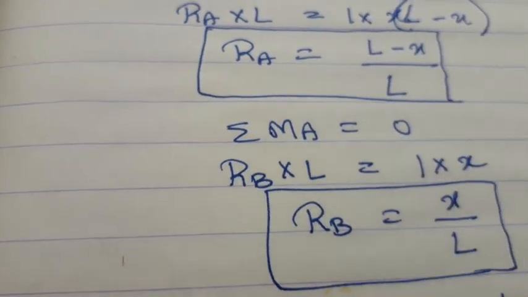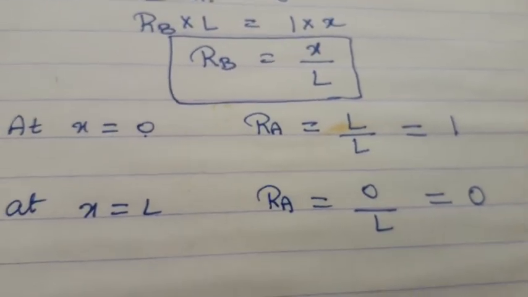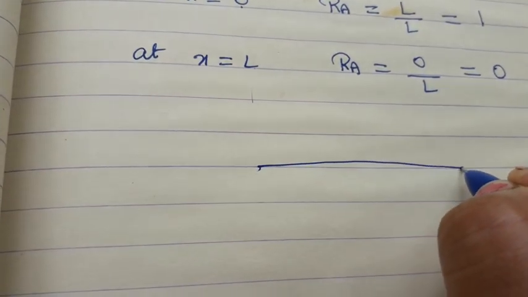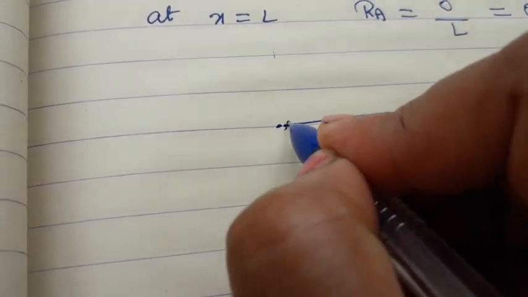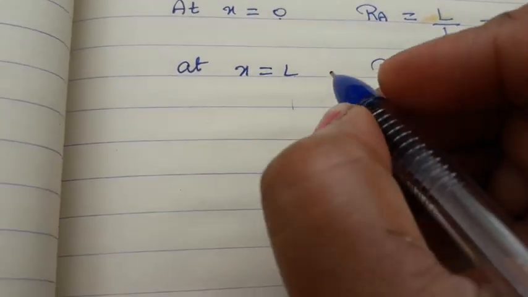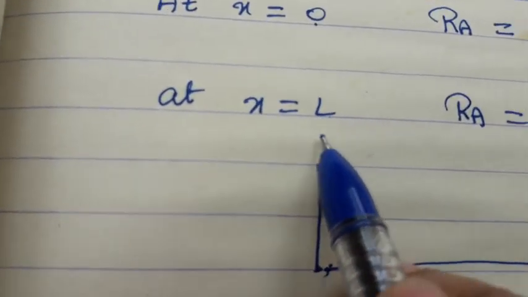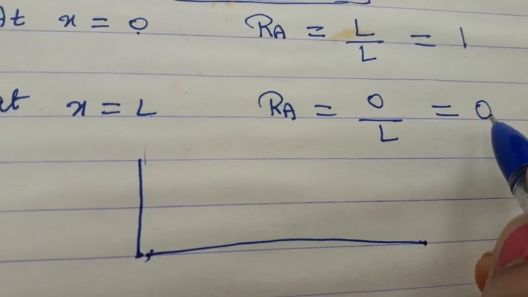This is the equation we have got, and these are the values we have. For this we have to draw a graph. It will come like this. At x equal to 0, at this point, Ra is equal to 1. At x equal to L, at this point, Ra is equal to 0.